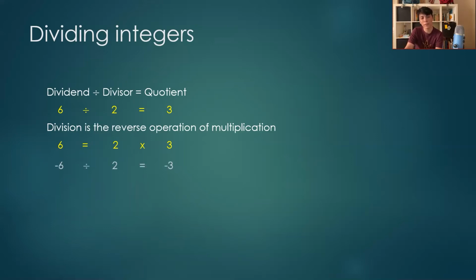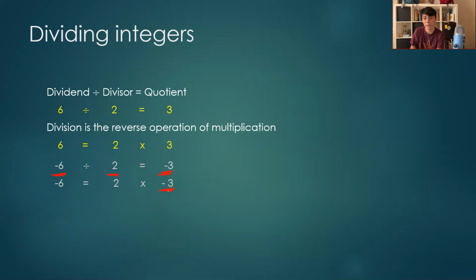So if we have -6 divided by 2, we get a -3. Notice that we have a negative divided by a positive, and we get a negative for the answer. If we do the reverse operation, it's -3 times 2 equals -6.